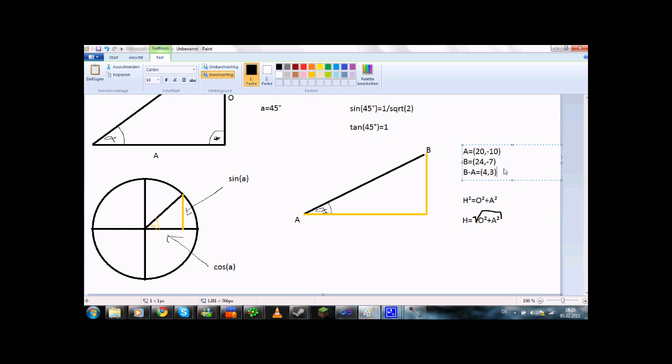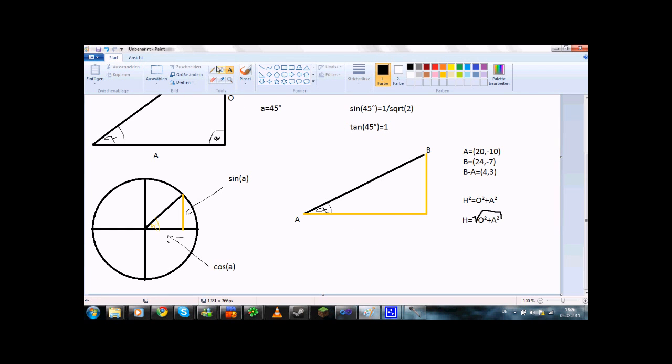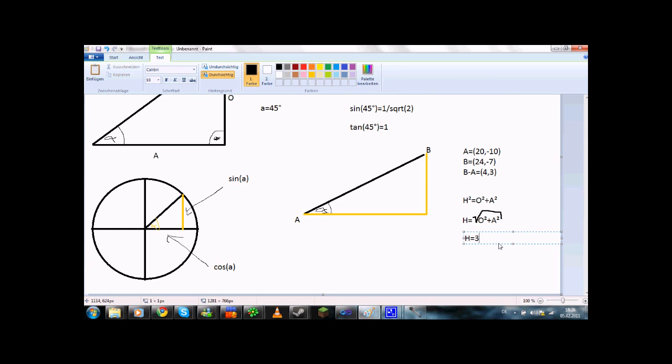Okay, good. Now, because of that, for h we get h equals the square root of 3 squared plus 4 squared, which is the square root of 25. And as we all know, the square root of 25 equals 5.